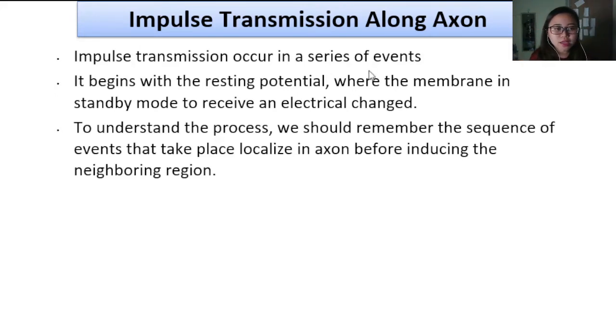Well, first sentence, impulse transmission, ada dia punya fasa-fasa, ada dia punya siri. Satu demi satu peristiwa dia berlaku. Poin kedua, dia memang bermula dengan resting potential yang negative 70 millivolts tadi tu. Okay, bila dia negative 70 millivolts, walaupun dia tidak membuat apa-apa, dia actually ready menunggu menerima maklumat. Dan poin ketiga, to understand process, we should remember sequence of events.